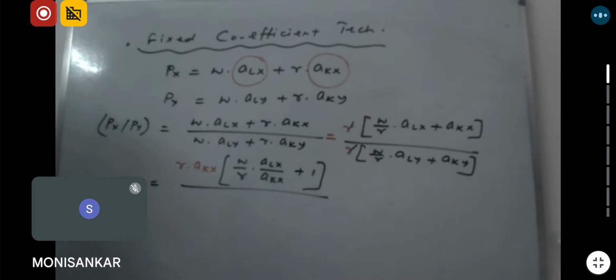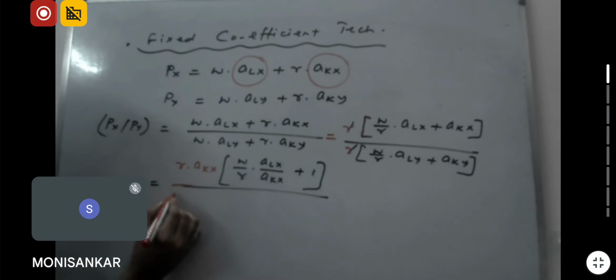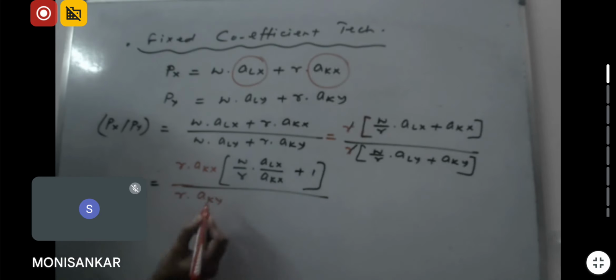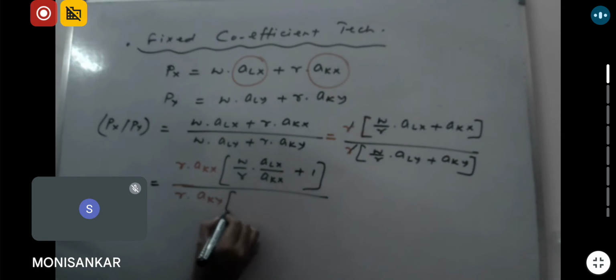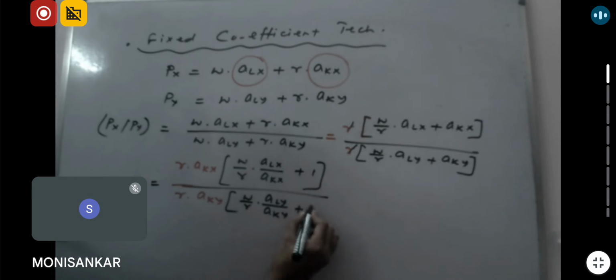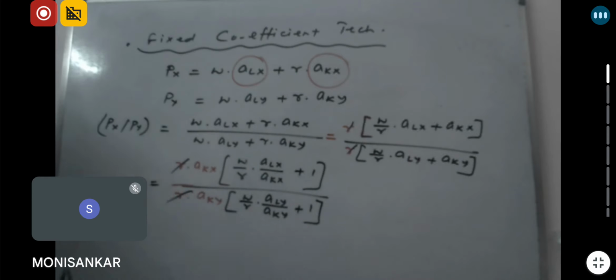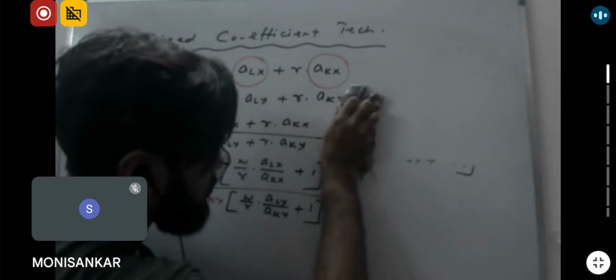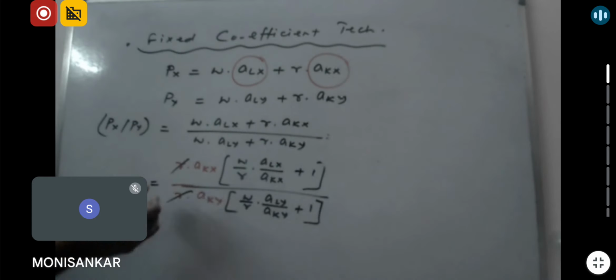Then r aky common. Okay, so w by r aly by aky plus 1. R cancels. Same. Don't worry. Next, in the next line, you can take aky, akx form.